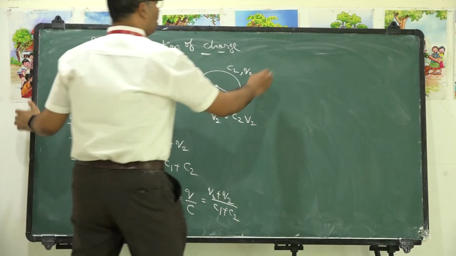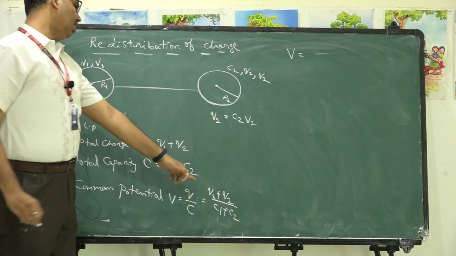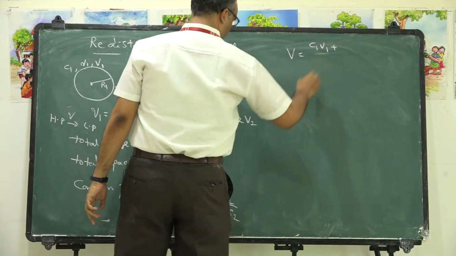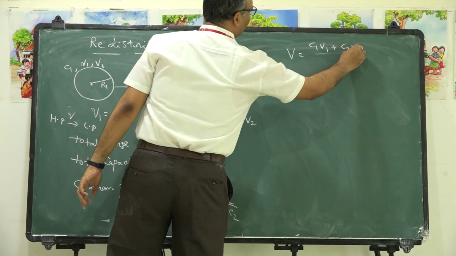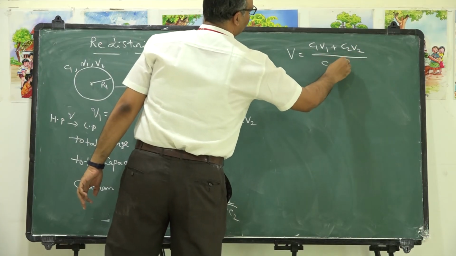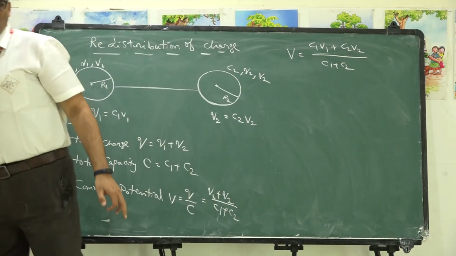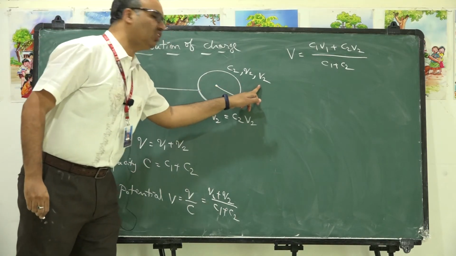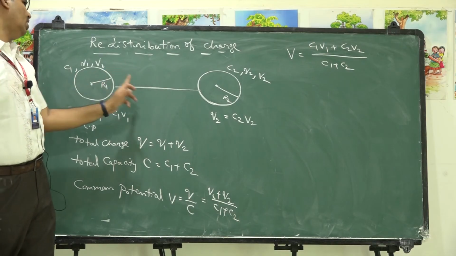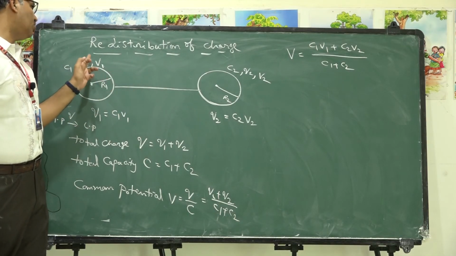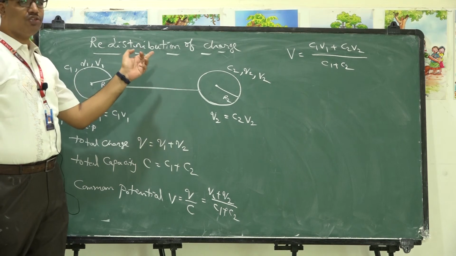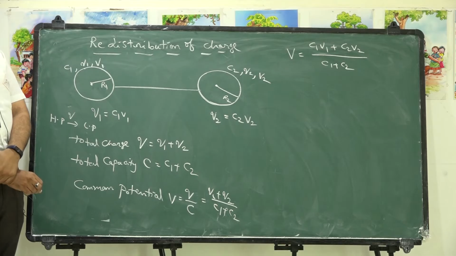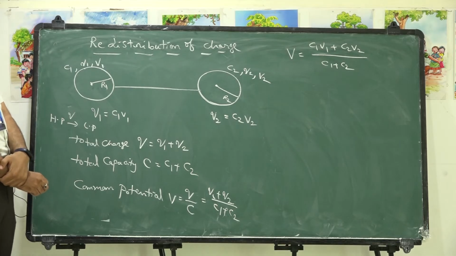So the common potential value can be calculated by the formula: Q1 means C1 V1, plus Q2 means C2 V2, by C1 plus C2. Individually, the first sphere is having potential V1, the second sphere is having potential V2. Due to the transfer of charge, the high potential value is reducing, the low potential value is increasing, and they are reaching a common potential V.